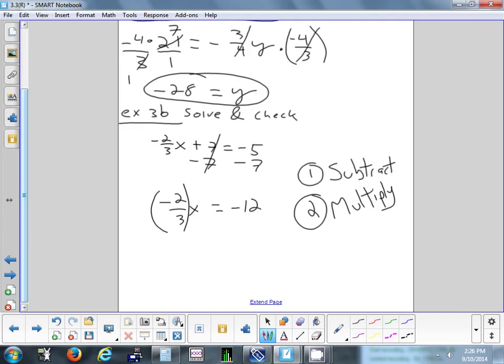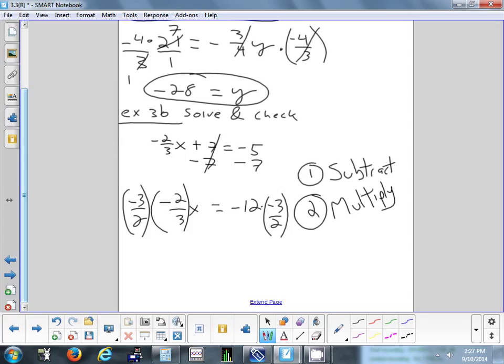Yep. Negative 3 over 2. We're going to multiply the left side by negative 3 over 2.